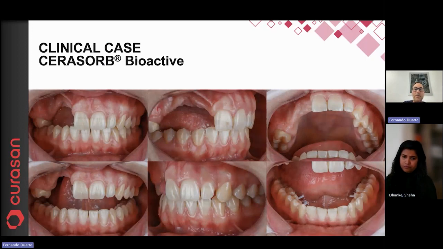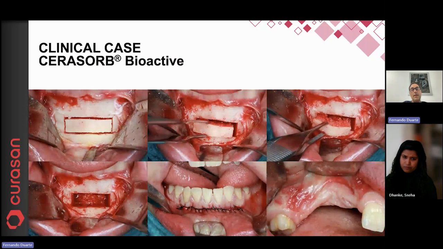And the first idea was to use some autologous bone from the chin, that we cut with the piezo surgery device. We tried to do a micrometric cut with cavitation effect, and we use this autogenous bone to give some consistency. We close it and we open in the defect.